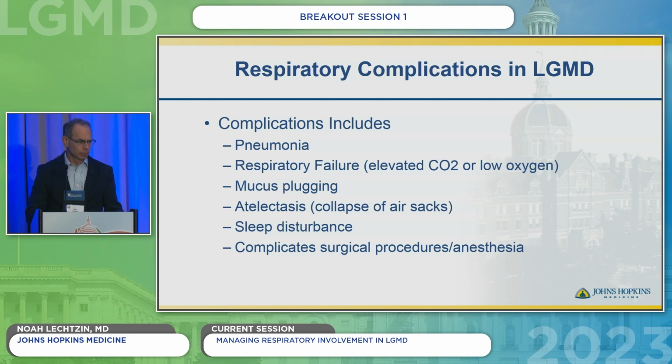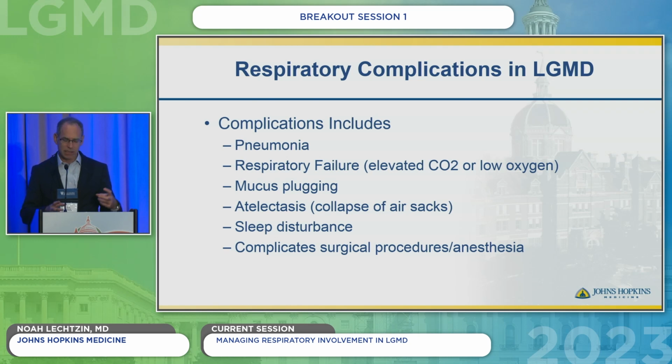Okay. So the complications that we see in limb-girdle muscular dystrophy include pneumonia and respiratory failure, which can be either a carbon dioxide level in the body that's too high or an oxygen level that's too low, or the two of them combined. You can get mucus plugging, where the secretions in our airways become thick and plug up airways.